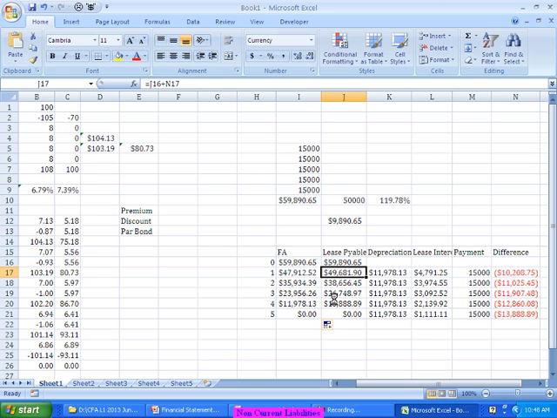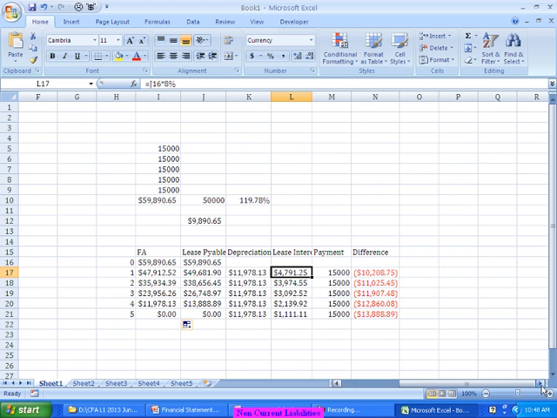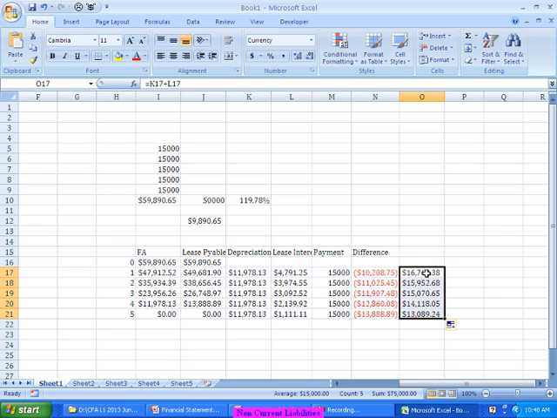Now if you see, what is the actual expense here? Depreciation is 11,000 and lease interest is 4,700, right? So what is the total expense here? These two go into P&L, depreciation as well as interest. So the actual payment should have been 16,769, but you are paying only 15,000, right?